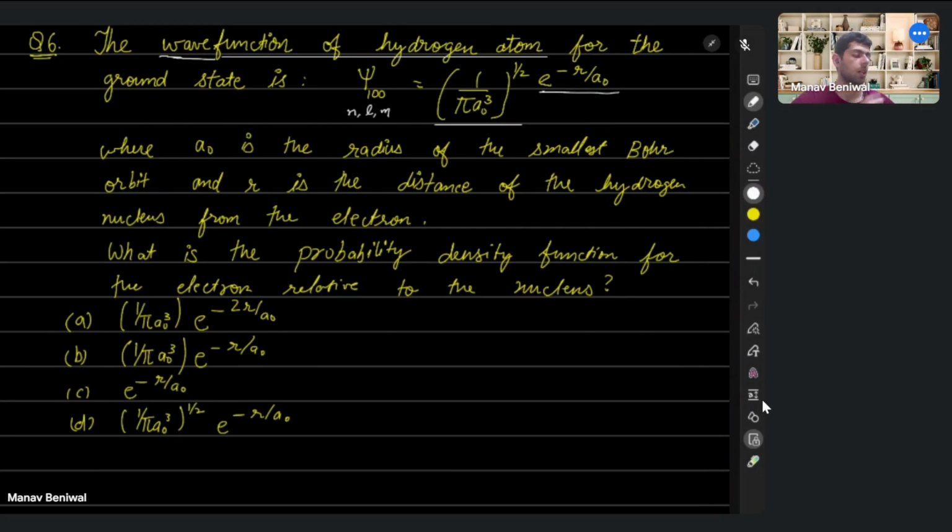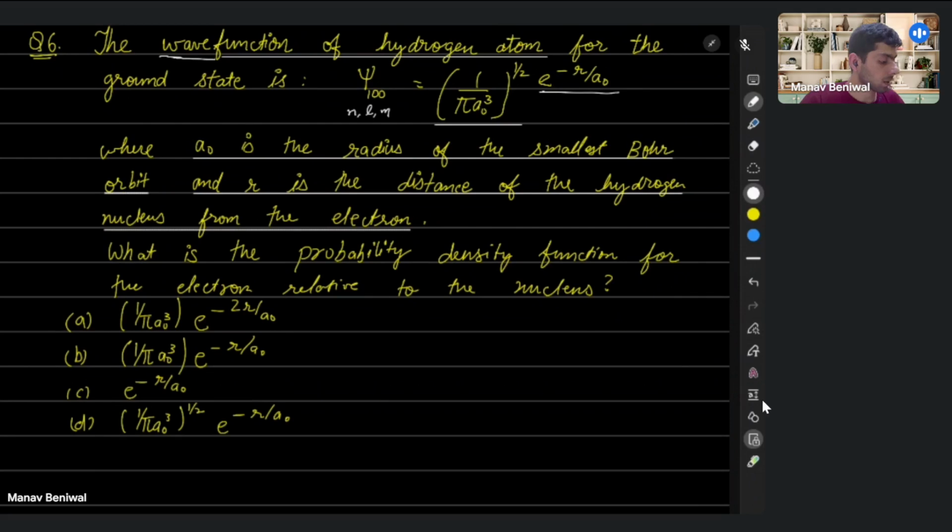So we can see that our function is an exponentially decaying function, right? As our r is increasing, psi is decreasing exponentially. Here it is given that a naught is the radius of the smallest Bohr orbit. So basically this is our Bohr's radius, and r is the distance of the hydrogen nucleus from the electron.